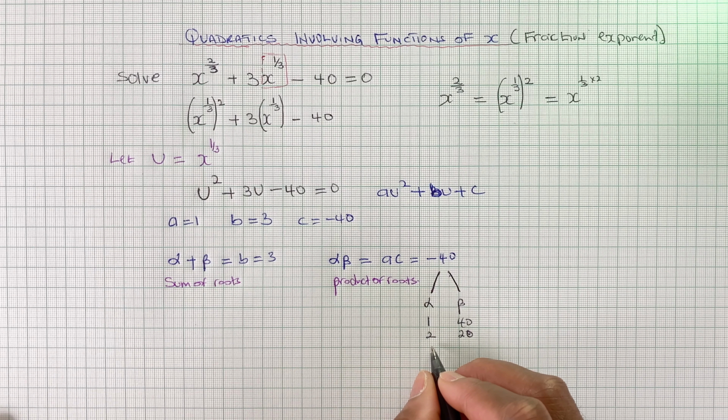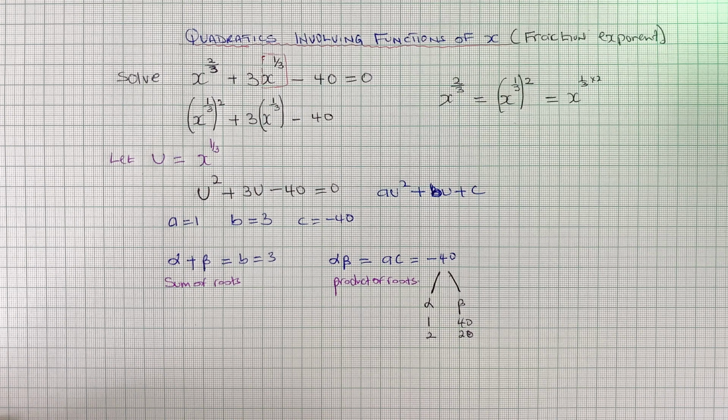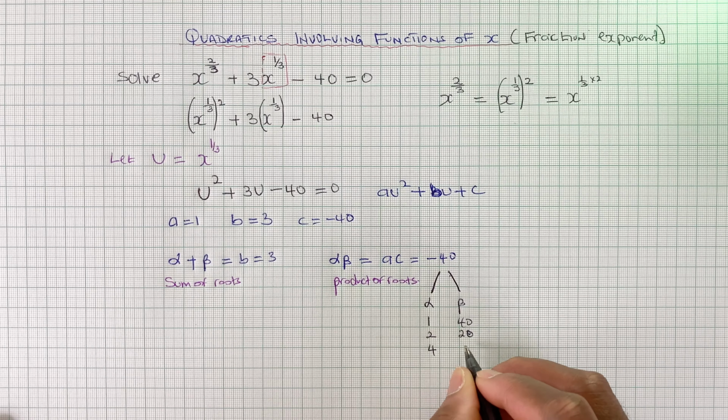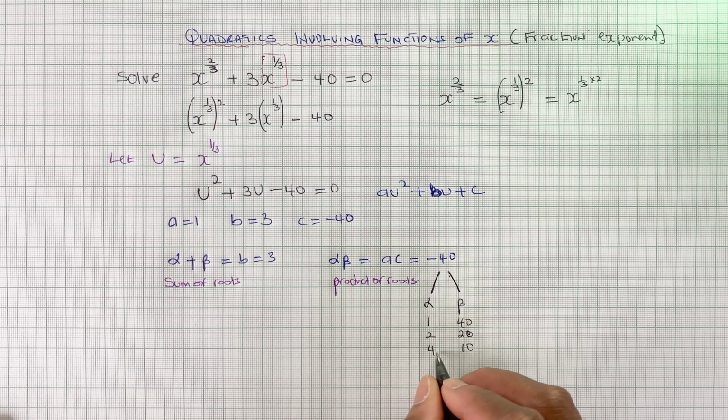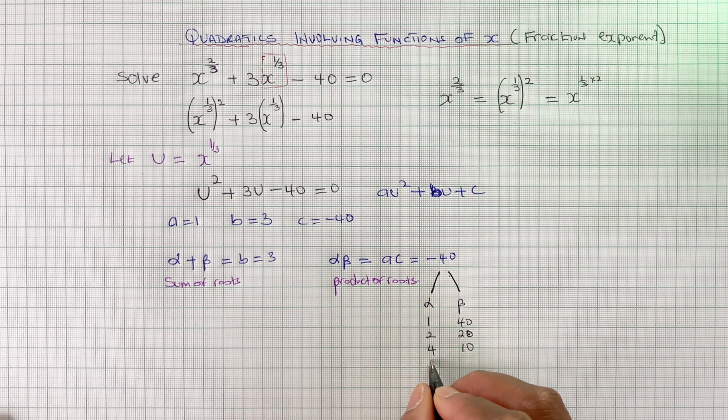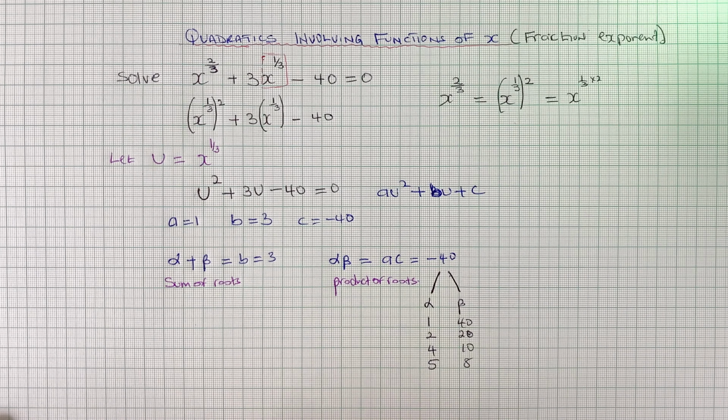Would 3 do it? 3, I suppose, won't do it. So 4 will go. So 4 and 10, if I add them together, I still won't get 3. The next one I want to try might be 5 and 8.